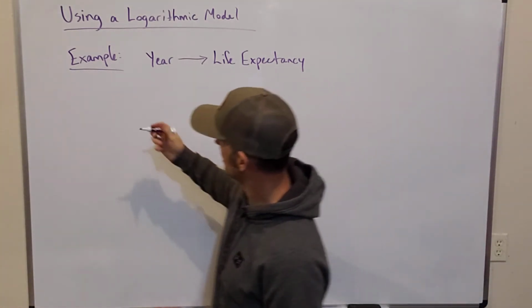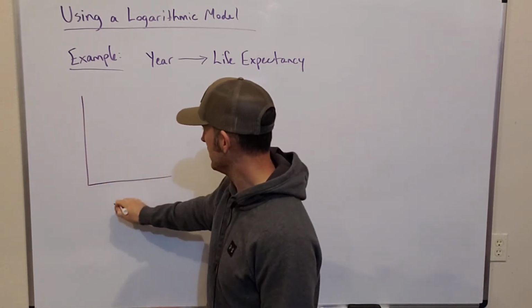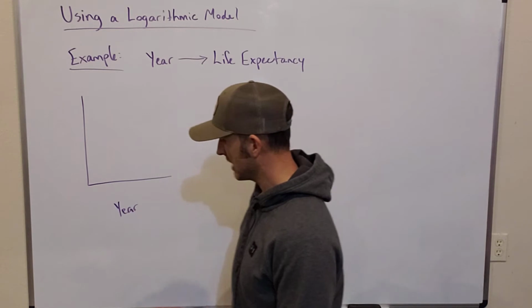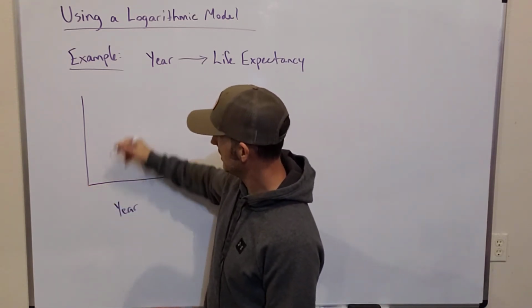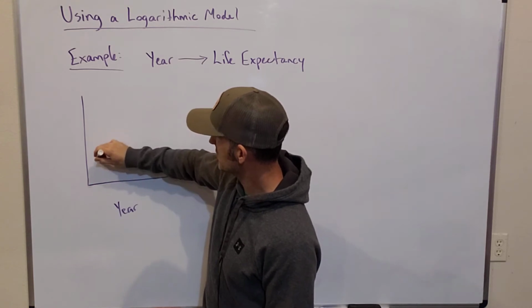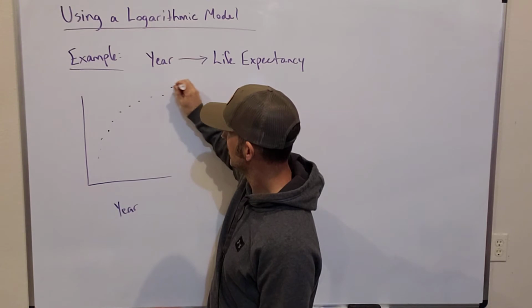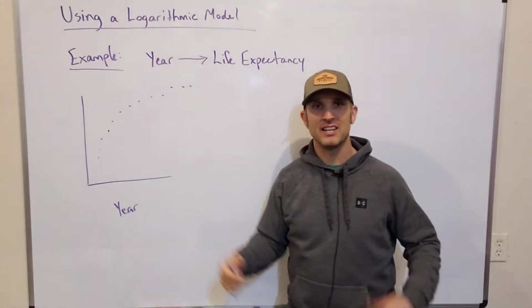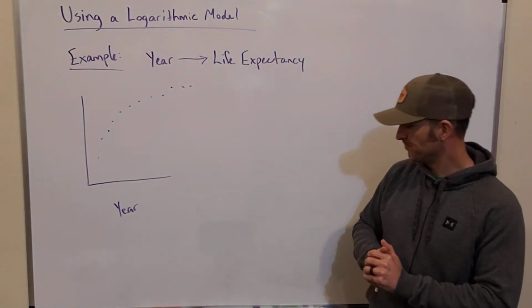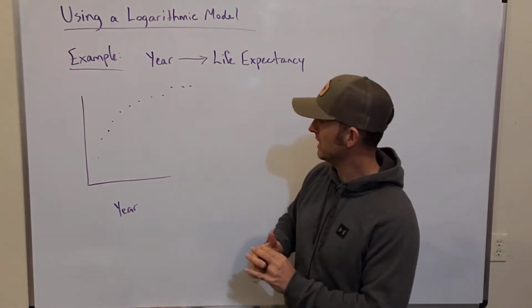So if you were to look at a graph or a scatter plot of what this might look like, you could have the year on this axis, and on this axis you could have your life expectancy, and you would imagine that over time your scatter plot might do this kind of thing, where life expectancy should get better as technology improves, food improves, all sorts of things.